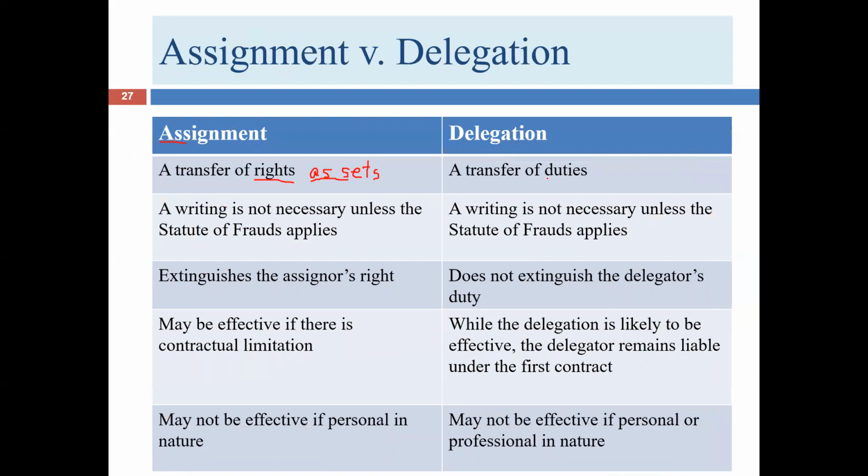Delegation is a transfer of duties, D and D. The statute of frauds rule is the same with either one. We just look at the substance of whatever is being assigned or delegated. If statute of frauds doesn't apply, you don't need it. This is the difference. The assigner's right to the asset goes poof at the second of the assignment, but the delegator's duty doesn't go poof when he delegates.